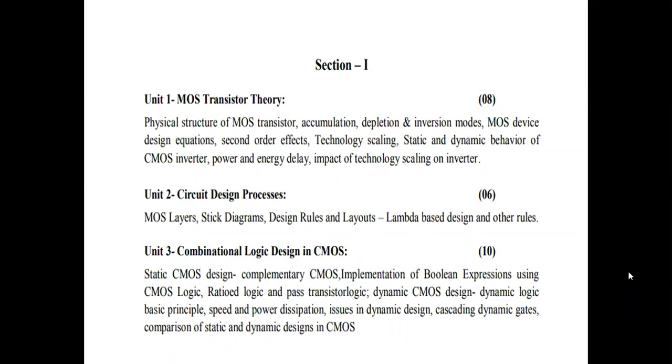The first point is static CMOS design, that is complementary CMOS, implementation of Boolean expressions using CMOS logic, then ratioed logic and pass transistor logic, then dynamic CMOS design, dynamic logic basic principle, speed and power dissipation, issues in dynamic design, cascading dynamic gates, and comparison of static and dynamic design in CMOS. All these points are covered under unit number 3, combinational logic design.